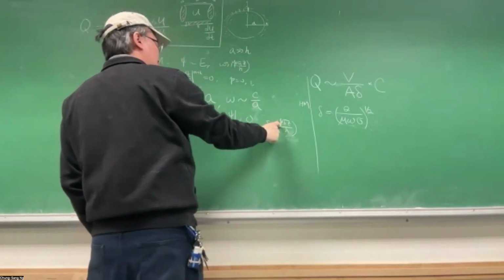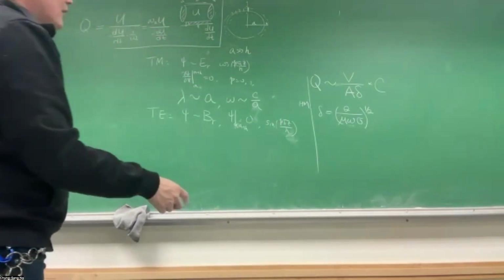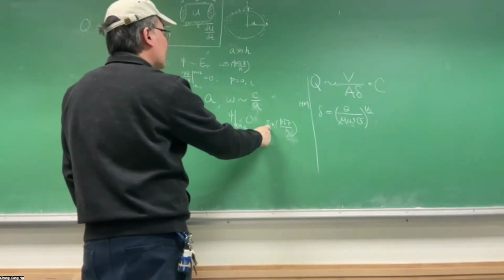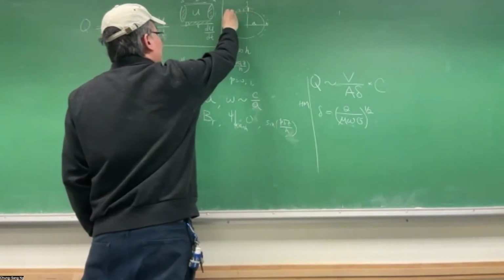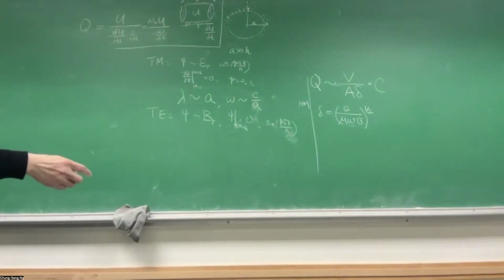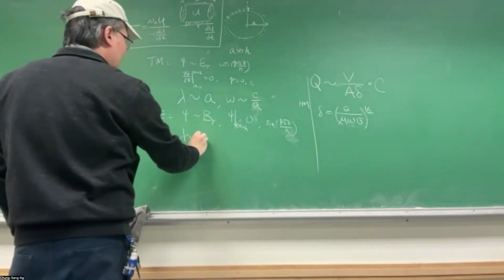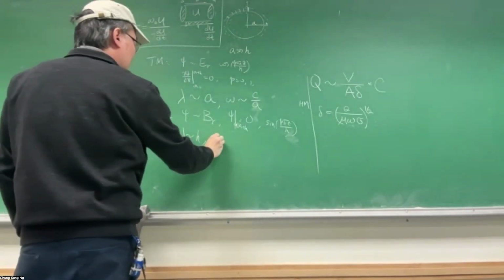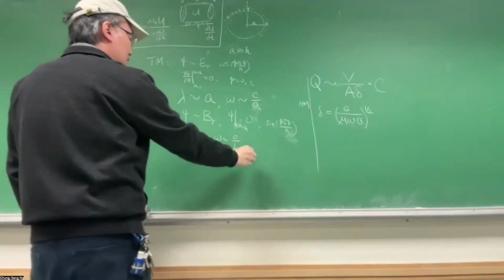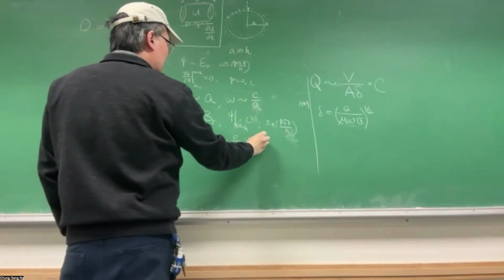And p does not take 0. You cannot take 0. So at least you have p pi z over H, sine, right? So for the TE mode you need a wavelength at least like H. In that case omega is roughly c over H, which is obviously much greater than c over A, because A is much greater than H.